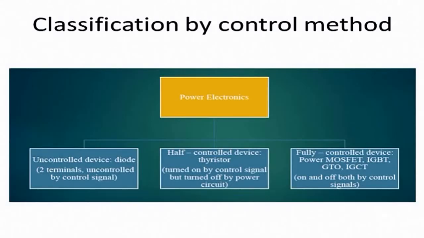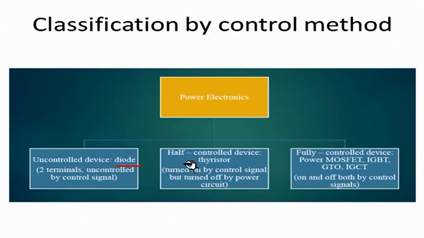Next, the classification by control method. Power electronic devices are classified into 3 types based upon control method: uncontrolled devices, half controlled devices and fully controlled devices. Uncontrolled means both turn on and turn off are not controlled. The example is the diode.